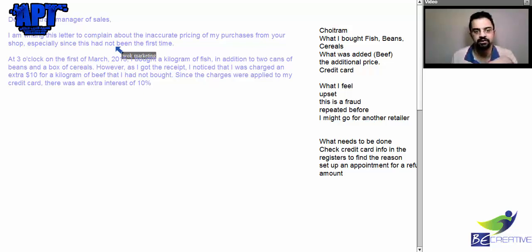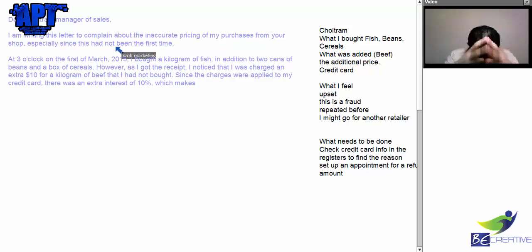Which makes an extra of 10%, which makes me in need of 11 pounds or $11.